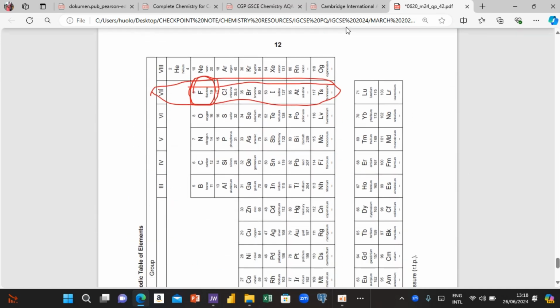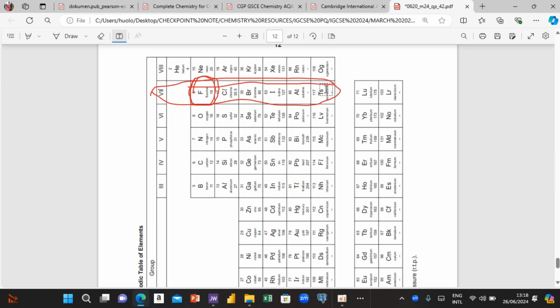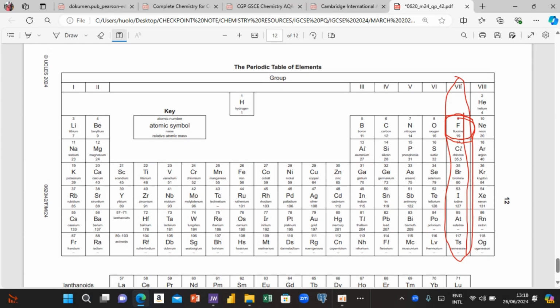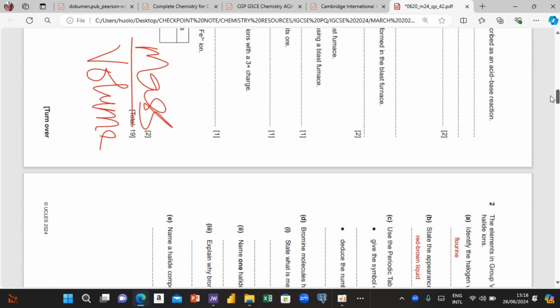You could tell it is this one, tennessine, the lowest in the group. It's the last member of the group, so it should be the one with the highest atomic number. You can say it's 117, the proton number. Okay, so tennessine is the one we are looking for.